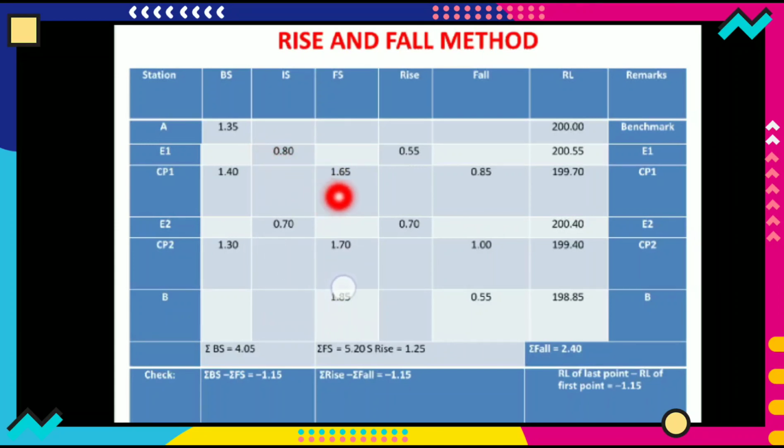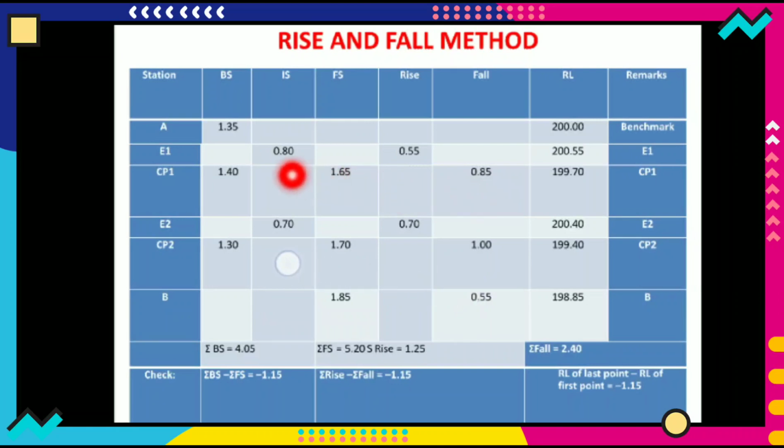Only the difference is that the height of instrument column is eliminated and we add two columns, rise and fall. And how are rise and fall calculated? Firstly, when your answer is positive, it is written in the rise column, and if your answer is negative, then it will be written in the fall column.